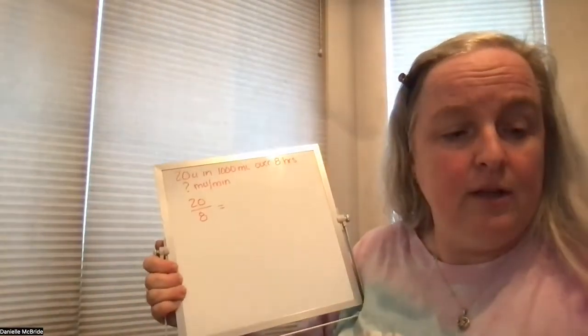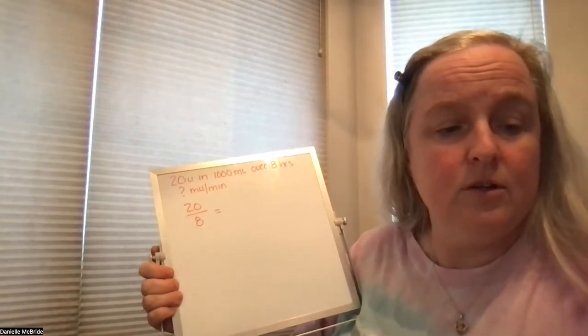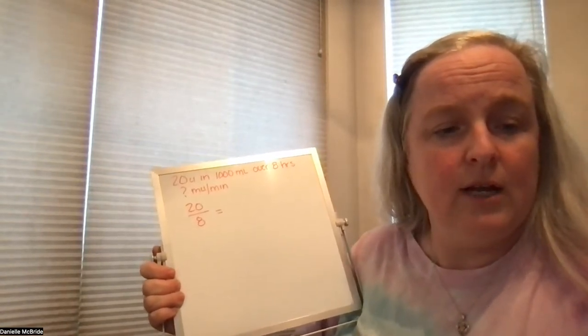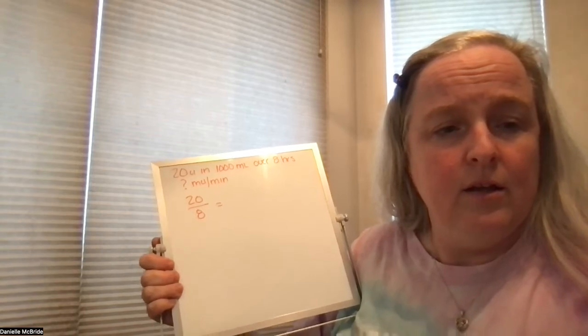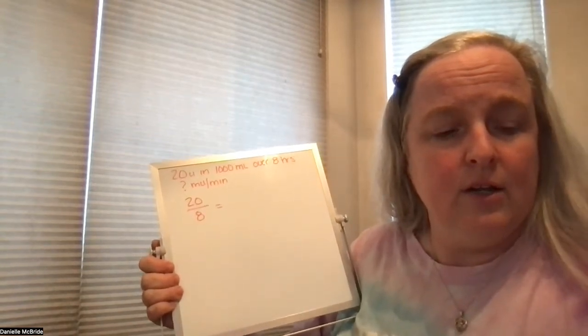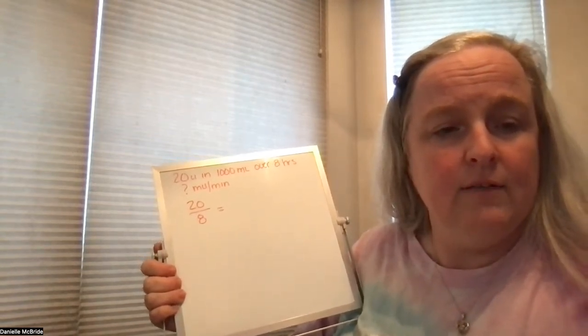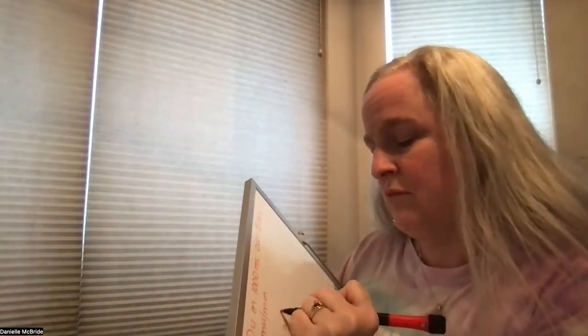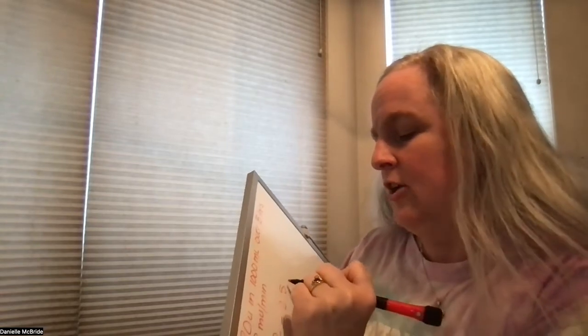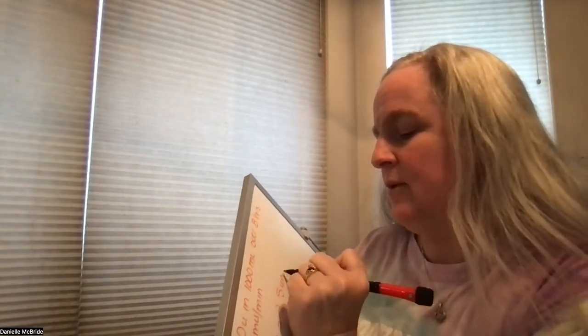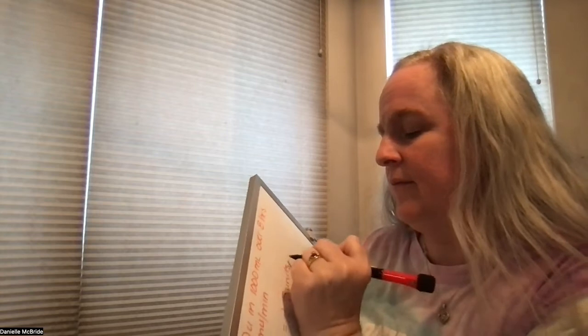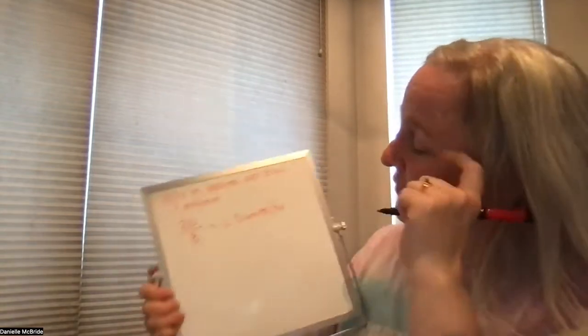Which I believe, I know the answer, but in the interest of doing it correctly, I'm going to look at it on the calculator and say 20 divided by 8 is 2.5. 2.5 units per hour is what your patient is getting.